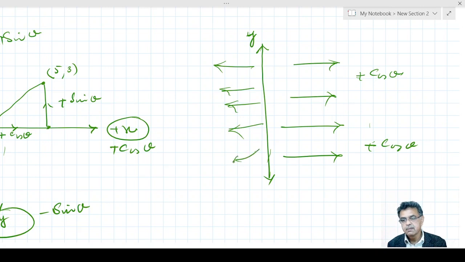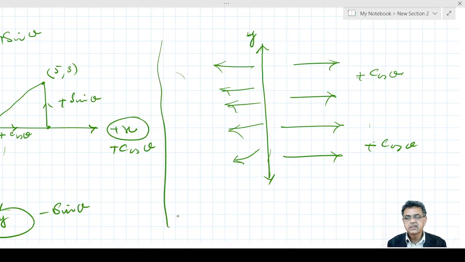wherever it is, I have deliberately not drawn the x-axis to differentiate between the first and fourth quadrant, but whichever it is, whether it is the first quadrant or fourth quadrant, x is positive on this side, hence cos theta must be positive.